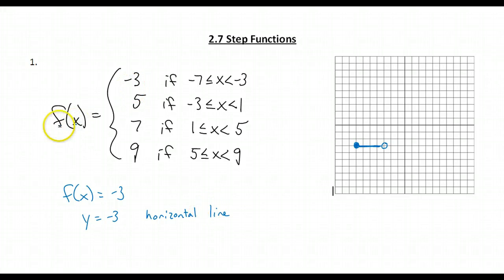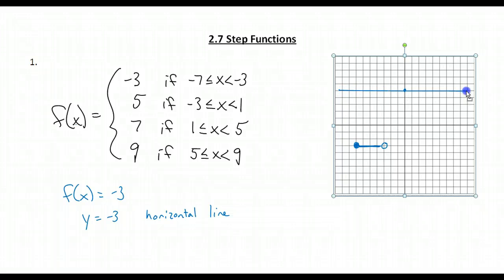I'm going to do the same thing for f of x equaling 5. If f of x equals 5, y equals 5, and I have a horizontal line. But I don't want this entire horizontal line. I only want this horizontal line when x is between -3, including -3, and 1.